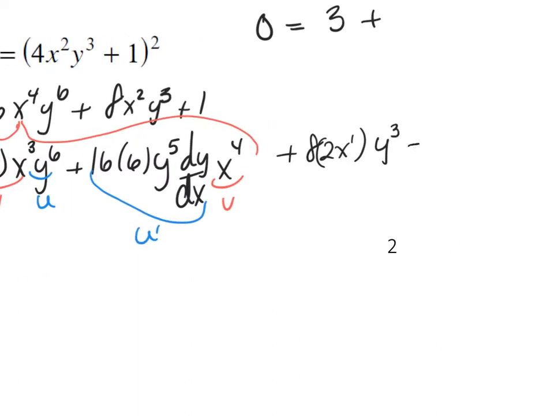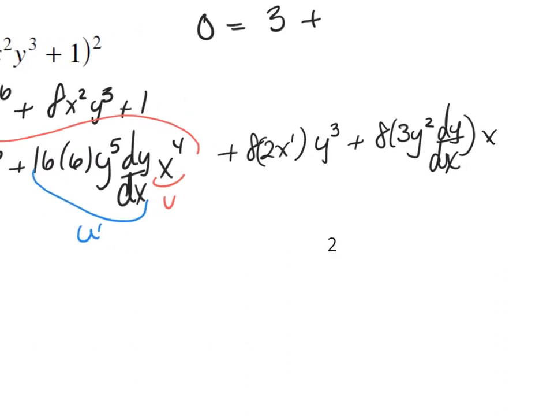And then plus 8 multiplied, now I'm doing the derivative of y. So it'll be 3, y is going to drop a power, dy/dx, or y prime if you prefer. I have a tendency to lose them, so I write dy/dx. Multiplied by x squared.